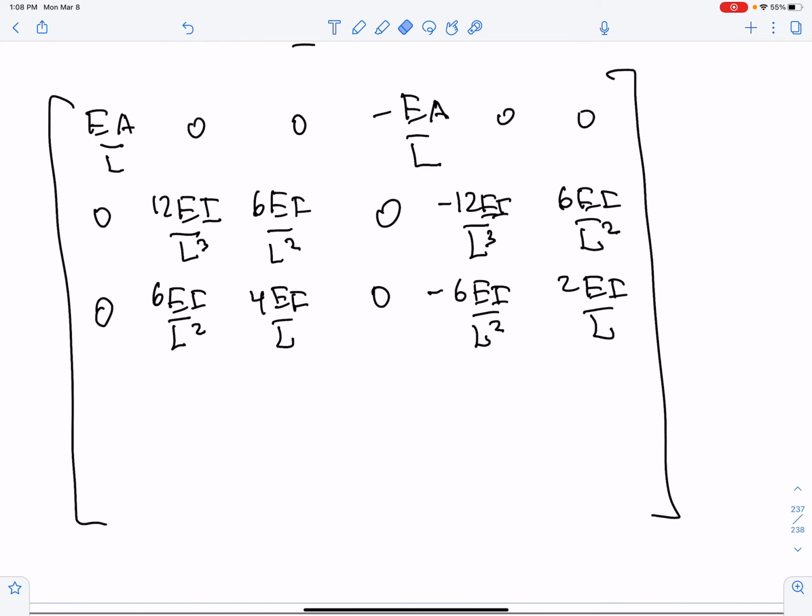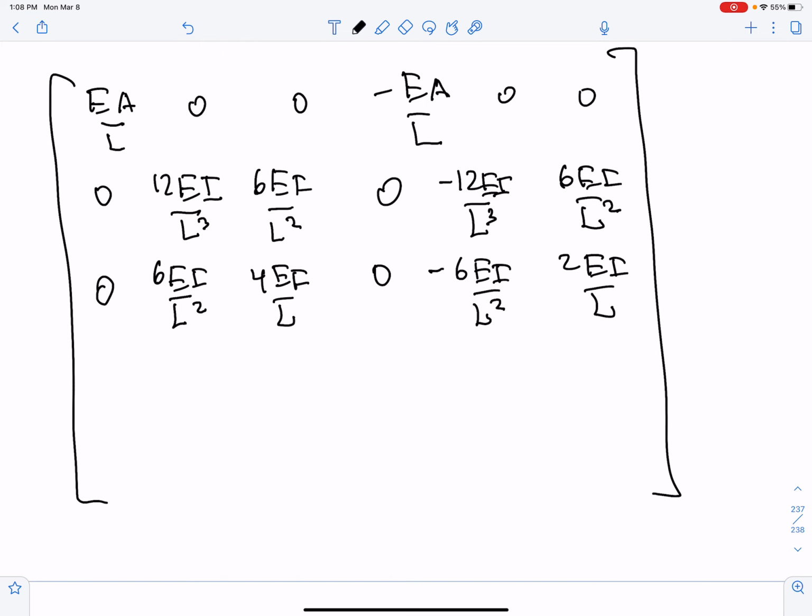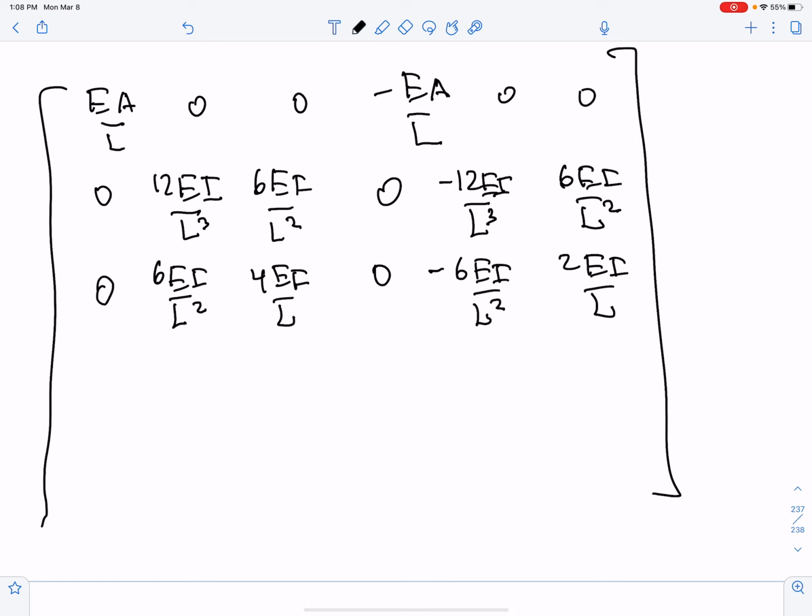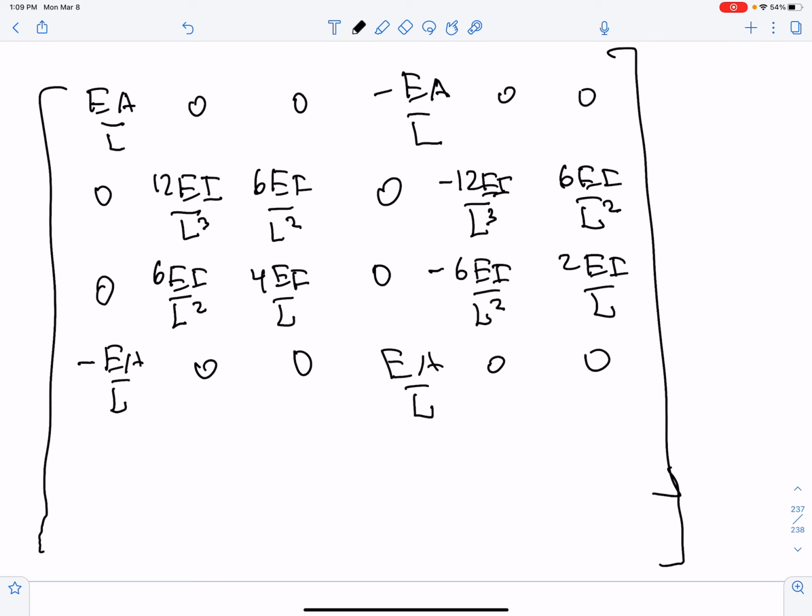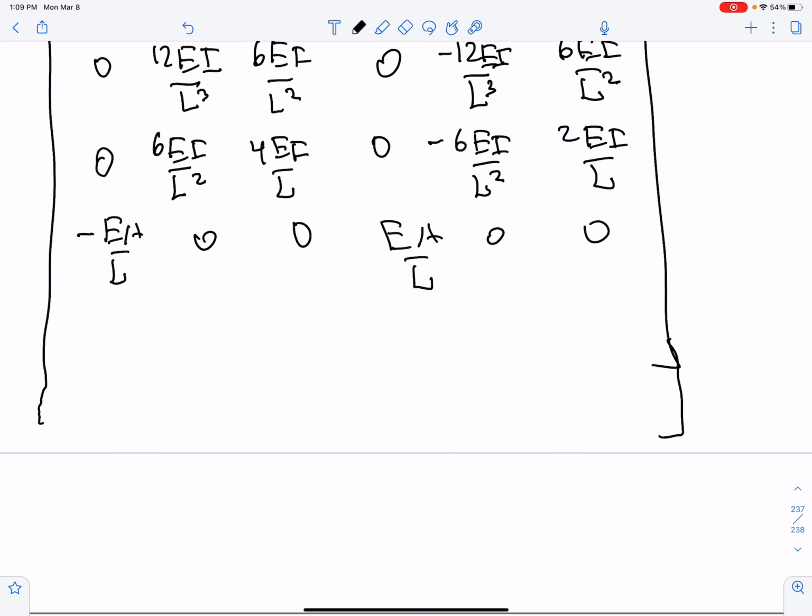Minus EA over L, 0, 0, EA over L, 0, 0. Okay. An interesting submatrix that emerges.